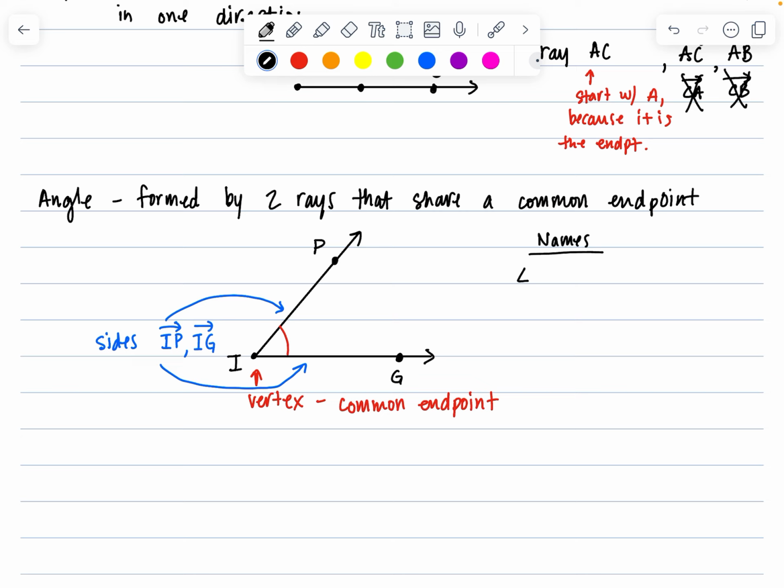So for instance, if I call this angle, and this is the symbol for angle, it looks like a capital L, but it's kind of slanted. Angle PIG is a proper name for an angle. So we should notice the vertex is the middle letter.